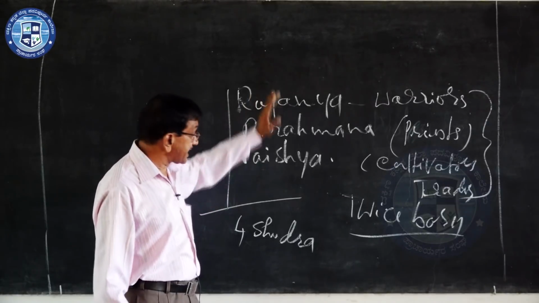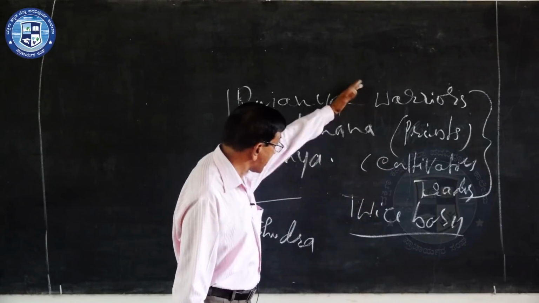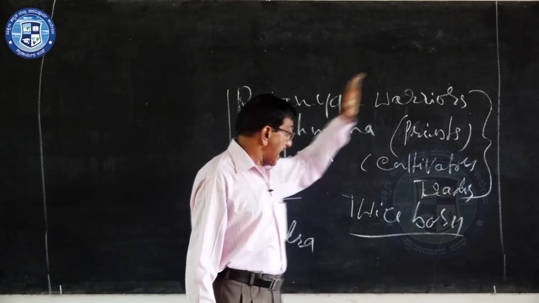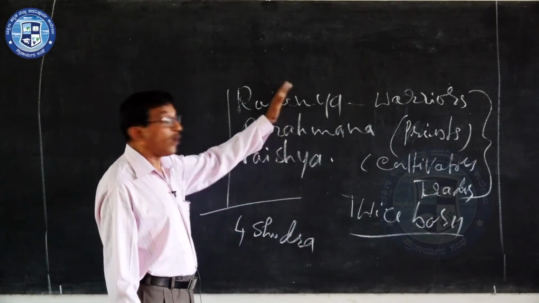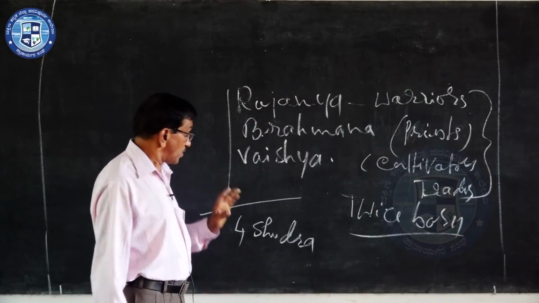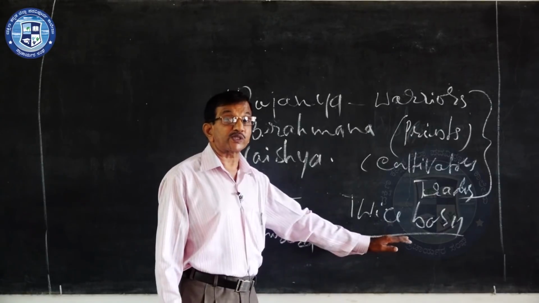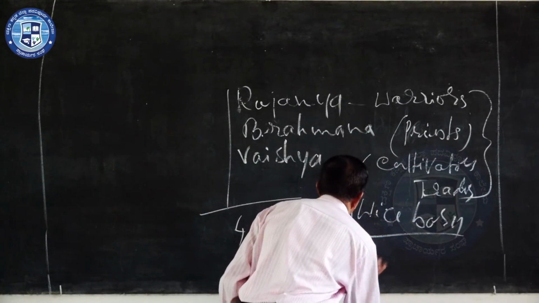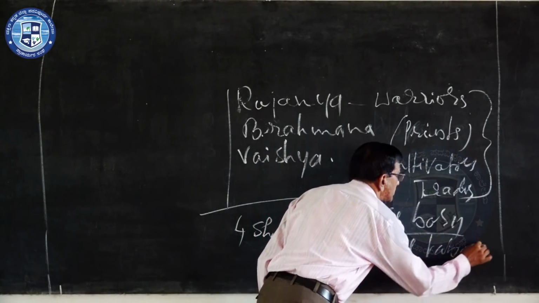Therefore, the Aryans were permitted to undergo the ceremony of initiation, they were called twice born, and they were given the twice born status. And the fourth group called Shudra, who are non-Aryans, were given the task of manual labor.